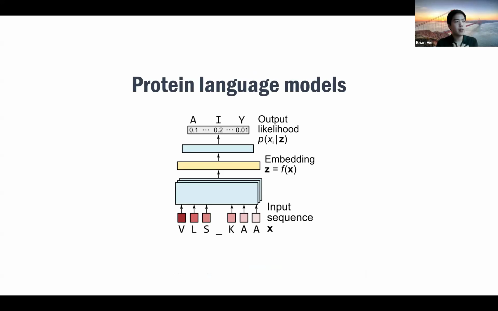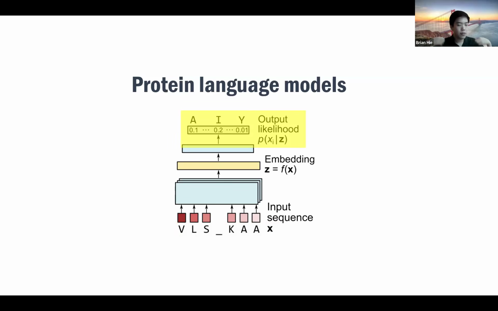So for example, a class of protein language models called masked language models will take as input an amino acid sequence where a random subset during training is randomly masked or hidden from the model. So say 15% of the amino acids are masked. And then the model is asked to predict the value of those masked amino acids given the unmasked amino acids in the sequence context.